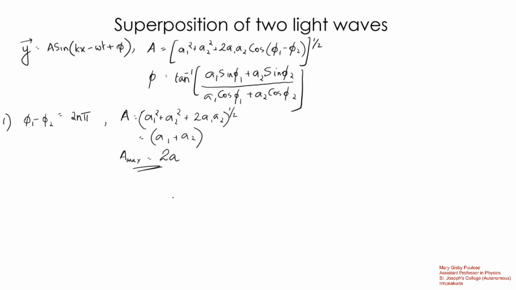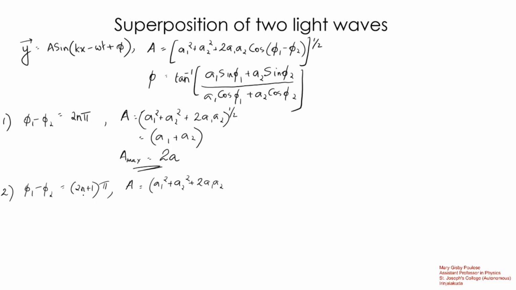Now the second condition, if the phase difference is an odd integral multiple of pi, that is phi 1 minus phi 2 is an odd integral multiple of pi. So we get amplitude to be a1 square plus a2 square plus 2a1 a2 into cos of this term.